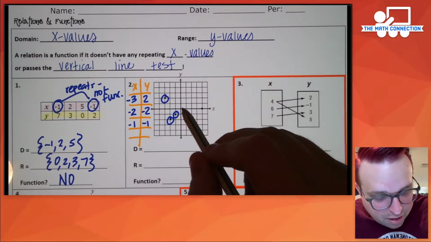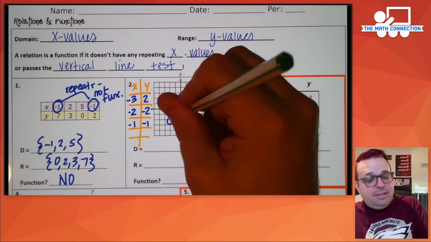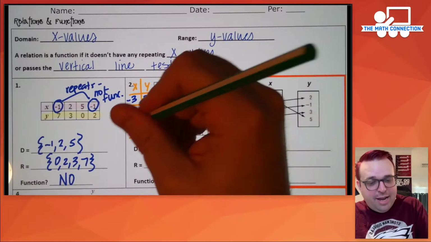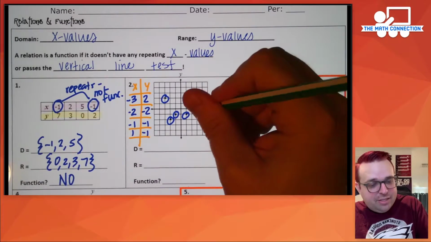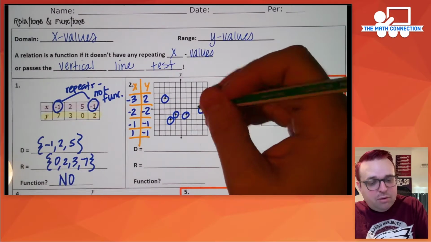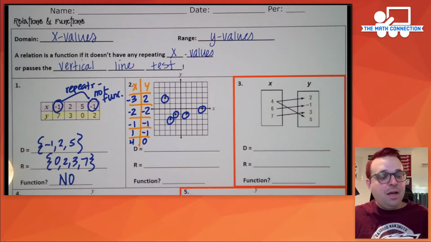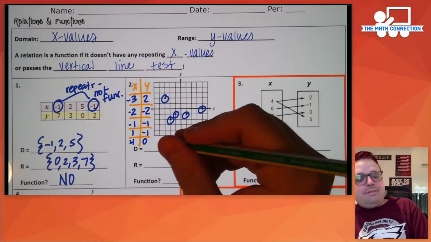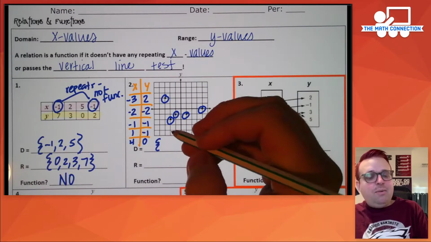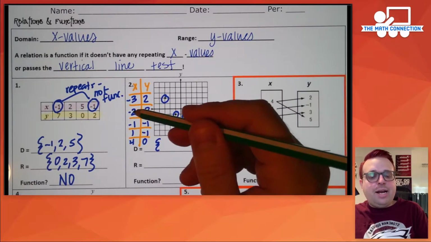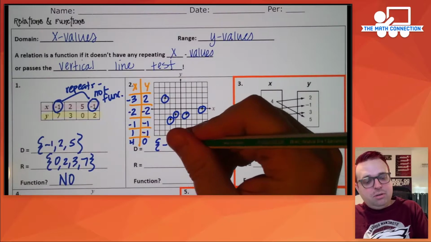I don't think this is a point. Yeah, I just drew that by accident. Okay, this is a point, and this is 1, -1. And this is a point, and it is 4, 0, because there's 4 to the right and 0 up and down. So if I were to classify my domain with numbers, that would be -3, -2, 1, 1, and 4.